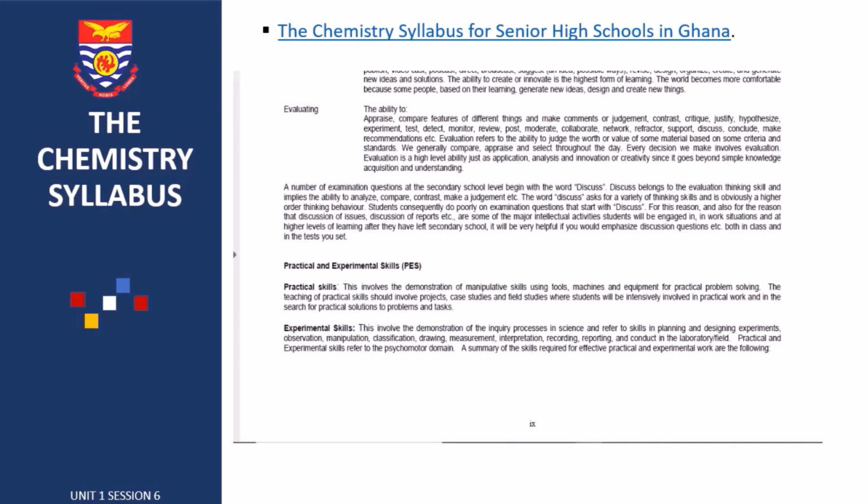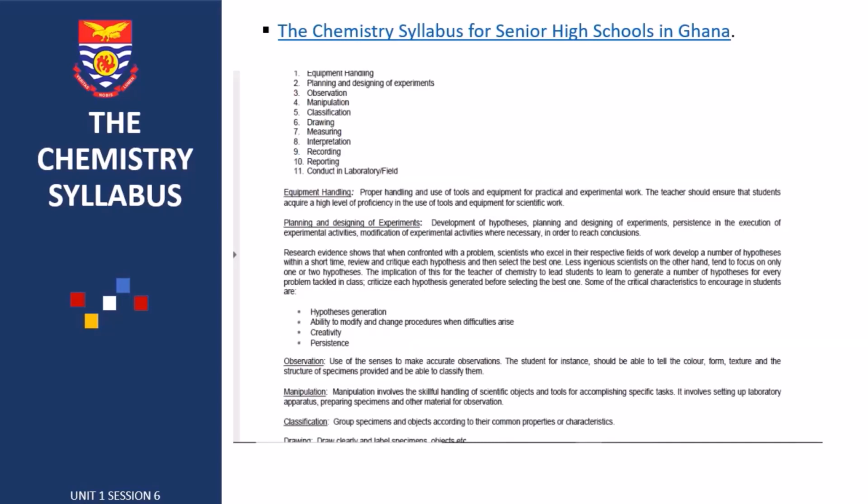And then for experimental skills, which involve the demonstration of the inquiry processes in science and refers to skills in planning and designing experiments, observation, manipulating, classification, drawing and measurement, among others.